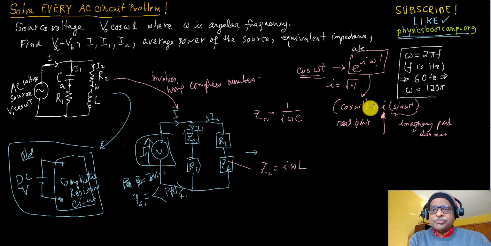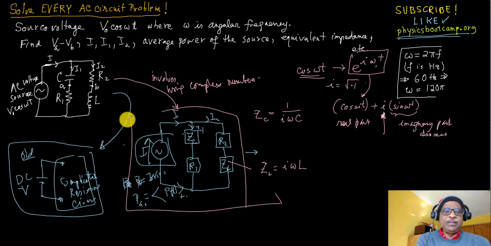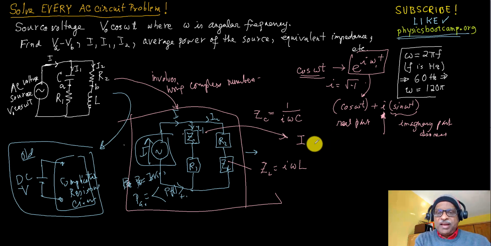So to go back, all the answers we obtain by doing this, these I's we obtain, will be complex. So I will be some real part plus i times some imaginary part, and the actual current will be the real part.